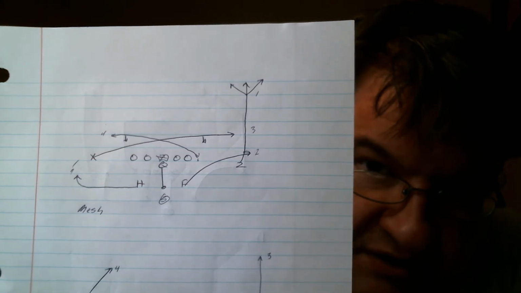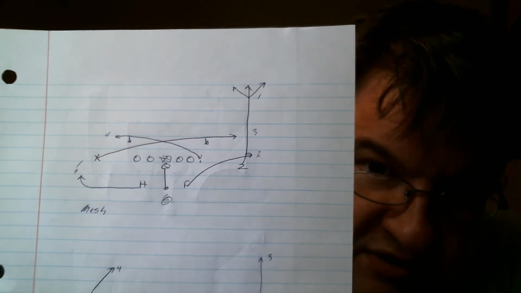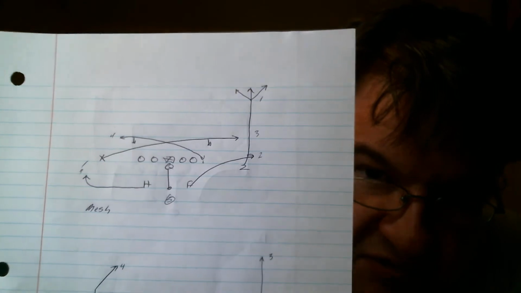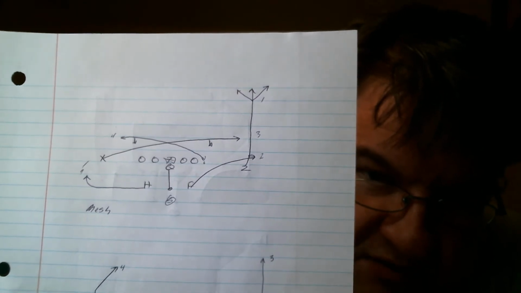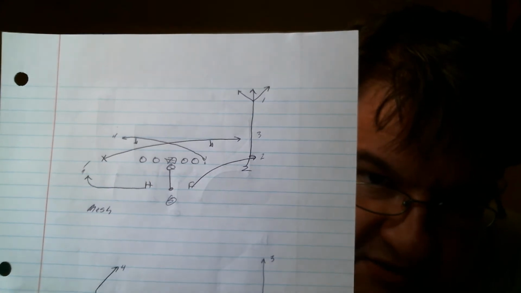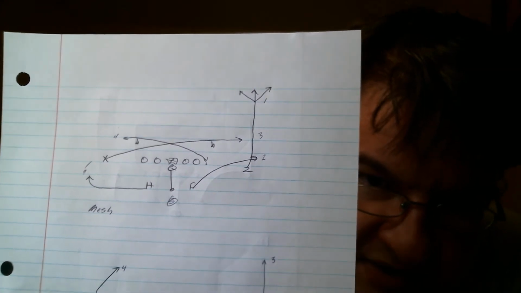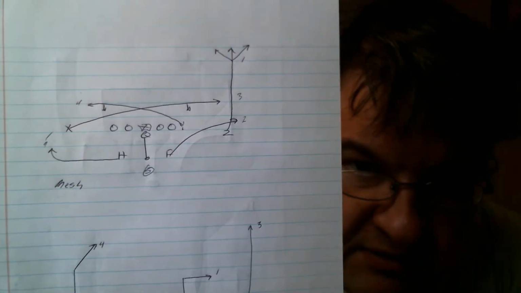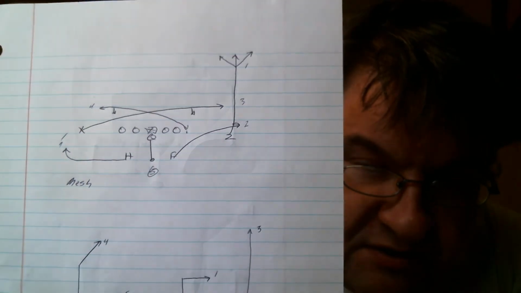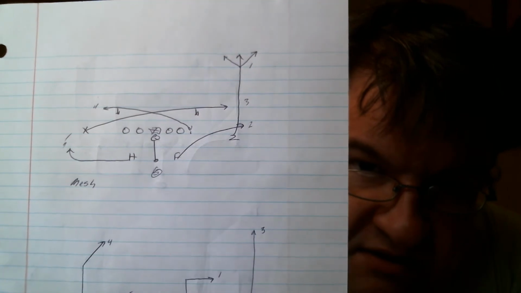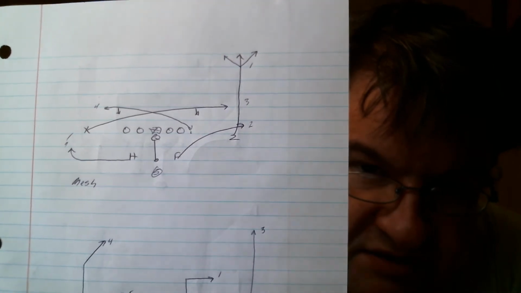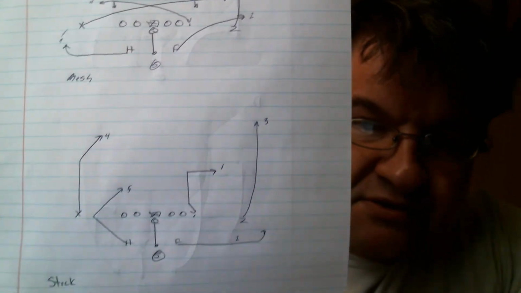Continue to run a streak or break it to a corner at 15 to 18 yards. F, you're into the flat on a shoot. H, you are swinging wide to X's original alignment. Quarterback is a 5-step drop. Your initial read is going to be Z, F, the mesh, and the backside of H.